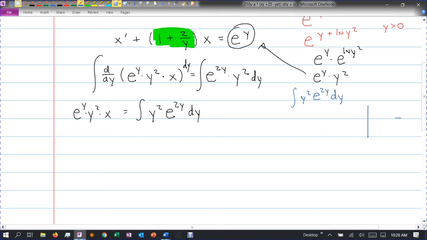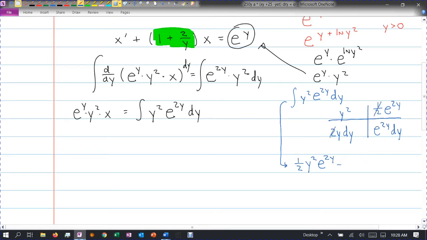Okay, integration by parts. So I'm going to put my y squared here, my e to the 2y dy here. That's going to be 2y dy here. And this is going to be 1/2 e to the 2y. And so that integral now becomes 1/2 y squared e to the 2y minus, let's see, the 2 and the half are going to cancel.